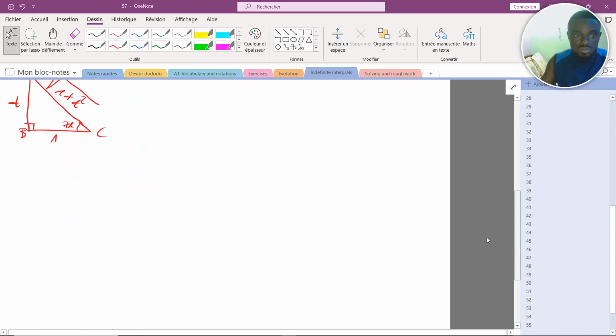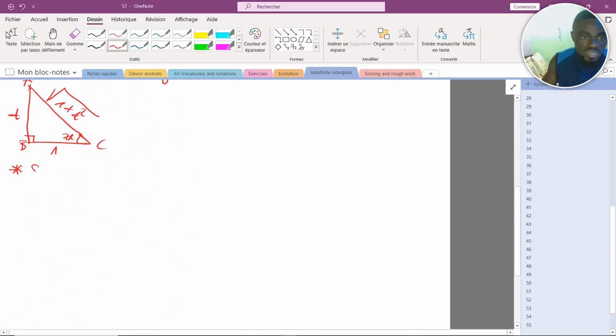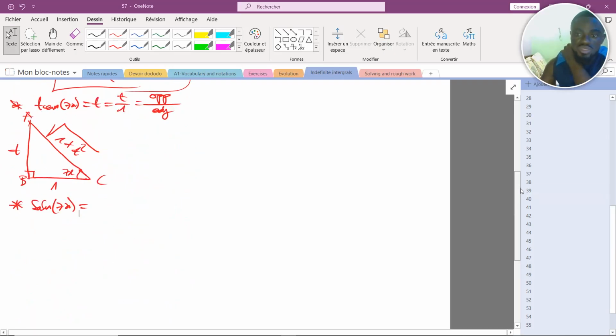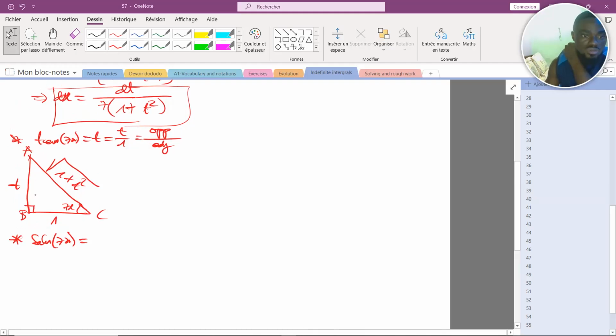Now, in my integral, I have to find sine 7x and cos 7x. Very good. So let's find sine 7x. We shall use the triangle. Sine 7x will be equal to opposite all over hypotenuse. That is t on the square root of 1 plus t squared, from triangle ABC.